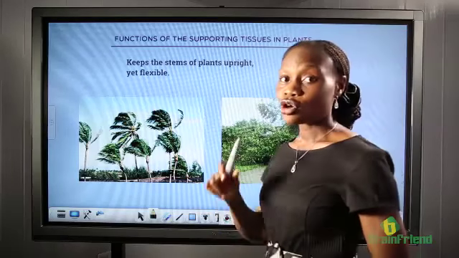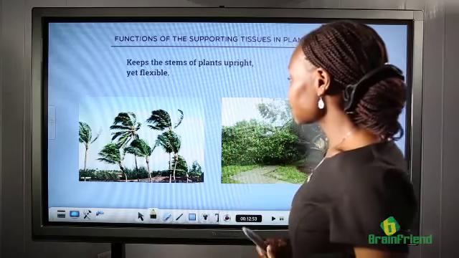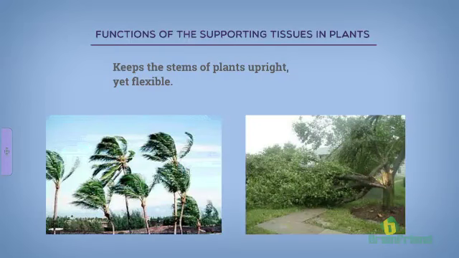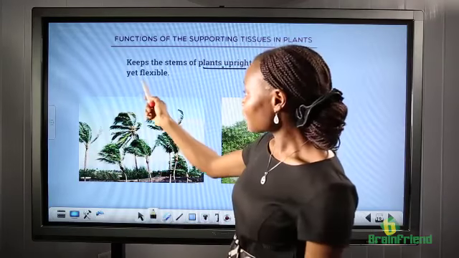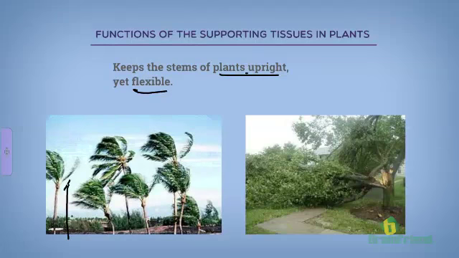Some functions of the supporting tissues in plants include that it keeps the plant upright, yet gives flexibility to it. To explain further, from our diagram here, we see that this plant can stand upright because of the series of supporting structures that I have mentioned previously.